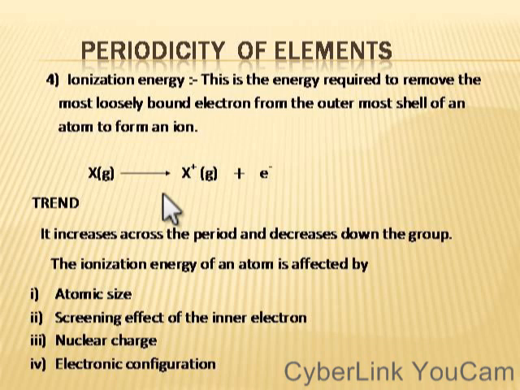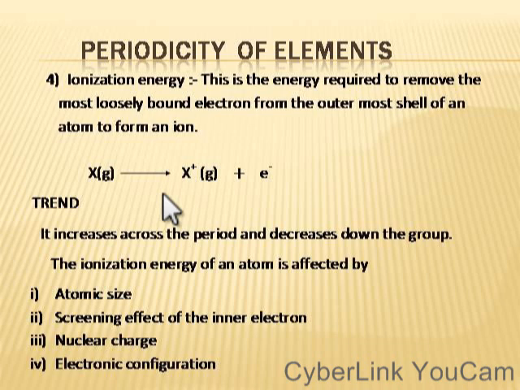The distance from the nucleus to the third shell is a little bit far compared to the second shell. So when the first electron is removed, the energy we apply will be small, because the distance is a little bit far.